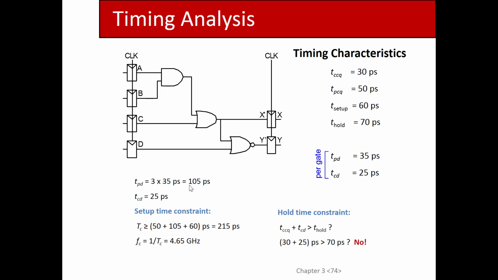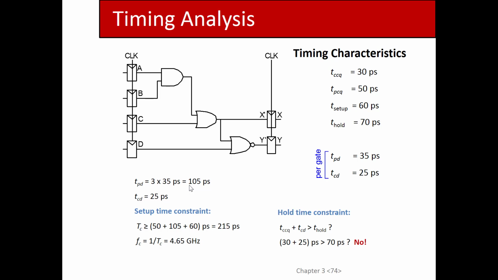Now you still have to check the contamination delay, though. The hold time, which is based on the contamination. The hold time says that I have to make sure that I hold for 70, right?